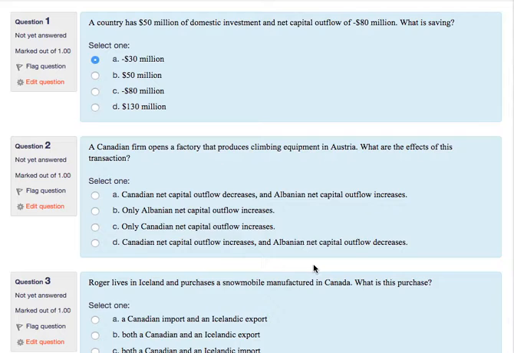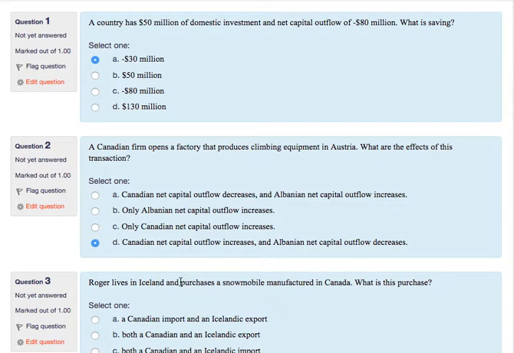A Canadian firm opens a factory that produces climbing equipment in Austria. What are the effects of this transaction? Well, as this Canadian firm is opening this factory, we're not talking about the actual production of the good. Money is flowing into Austria from Canada. So Canadian net capital outflow, the money that's flowing out, increases, and the net capital outflow of Austria decreases.